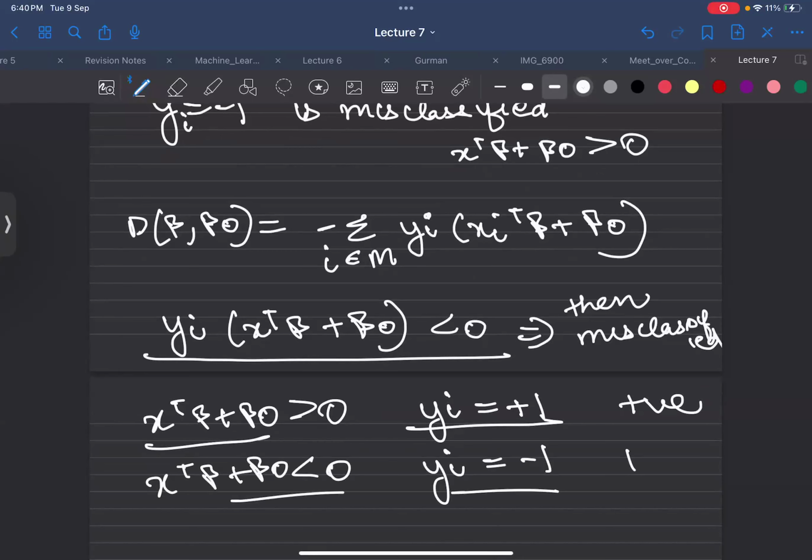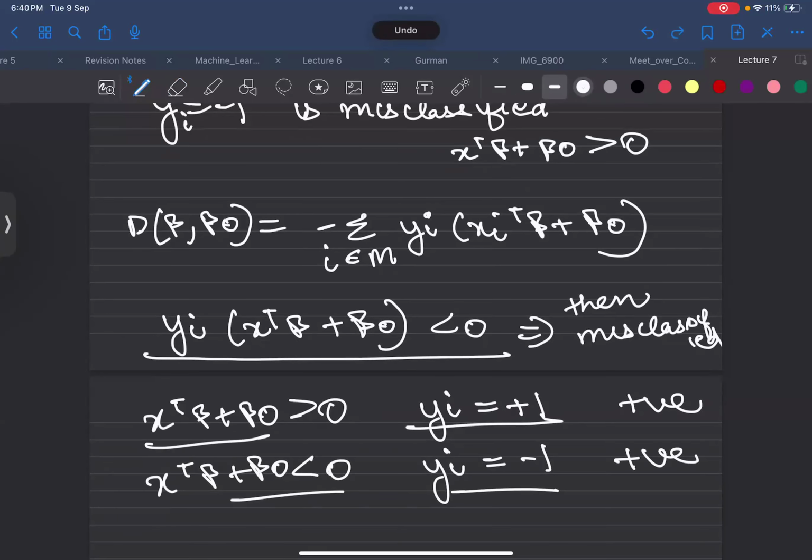And negative into negative should be positive. So in both ways, if the class is +1 or if the class is -1, when we multiply this and this by y i, it should be positive only. Fine. Any doubt what I'm saying? Yes, ma'am.